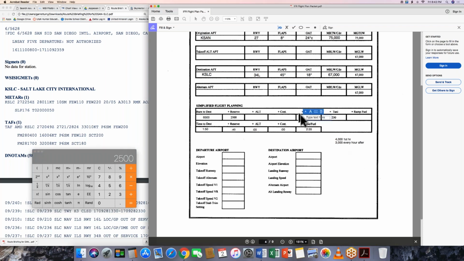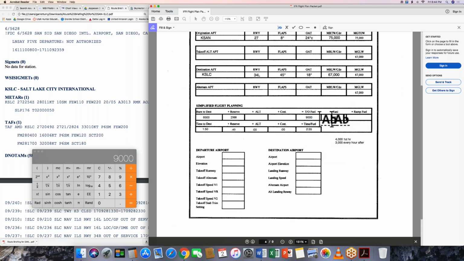And then we just carry that over to this section here. So 2,500 pounds plus 6,500 pounds is 9,000 pounds. Beautiful. So 2 hours and 35 minutes equals 9,000 pounds of fuel.